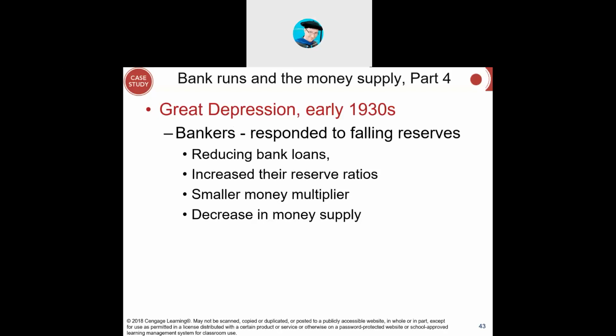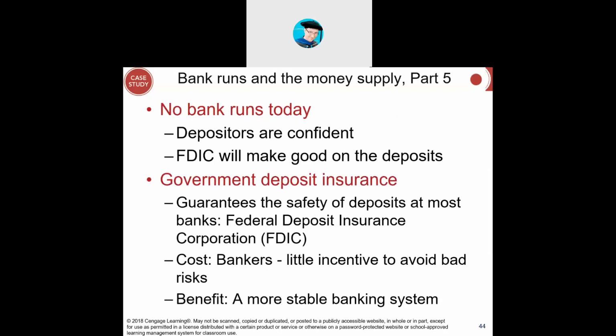During the 1930s, with that run on the banks, they couldn't lend money because they didn't have cash to lend. They could barely repay the people that had the deposits, right? So it was pretty bad.